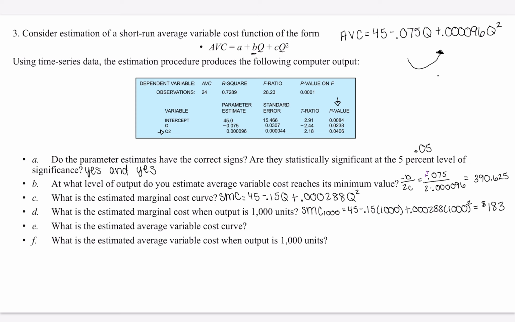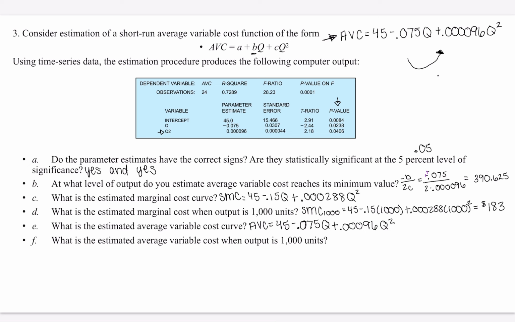What's the estimated average variable cost curve? Again, we're just using the formulas. So we're going to have average variable cost equals 45 minus 0.075Q plus 0.000096Q squared. Actually, it's already up here. We had to figure that out to even do it, so I'm not sure why it's at part E, but that's all right.